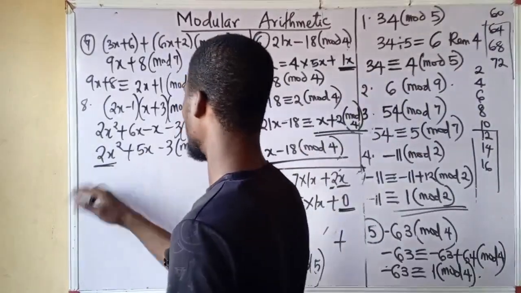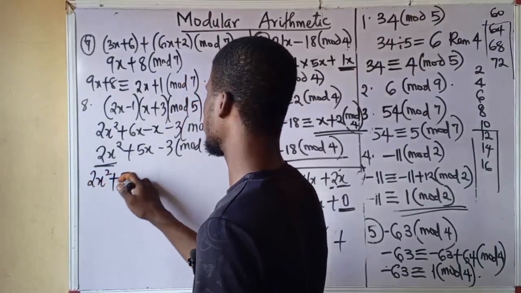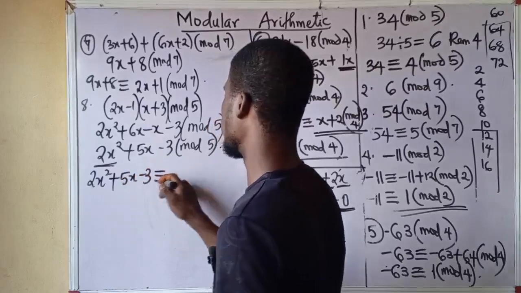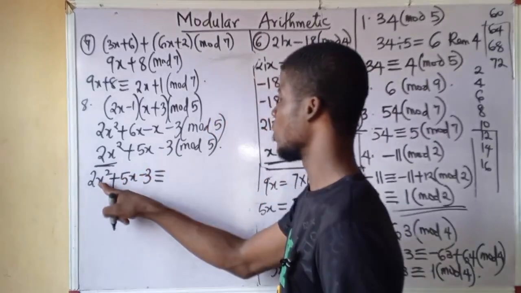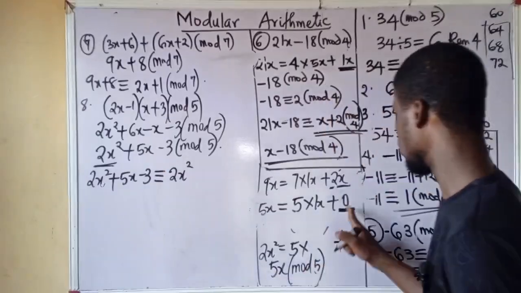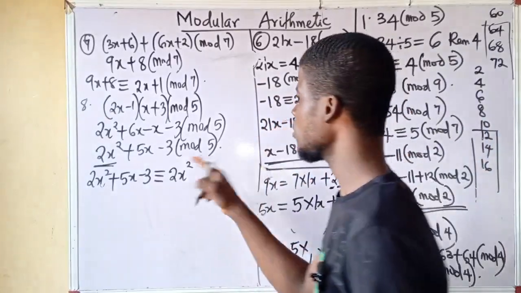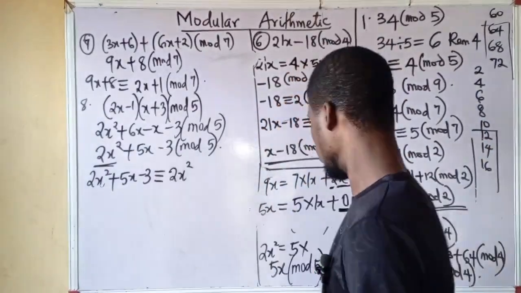Now let me just write, so I don't forget. 2x squared plus 5x minus 3 is congruent to, we said that 2x squared will still remain 2x squared. Then for 5x now, we are getting what? 0, which is nothing. So I can throw that away. Then let me come to minus 3 modulo 5.